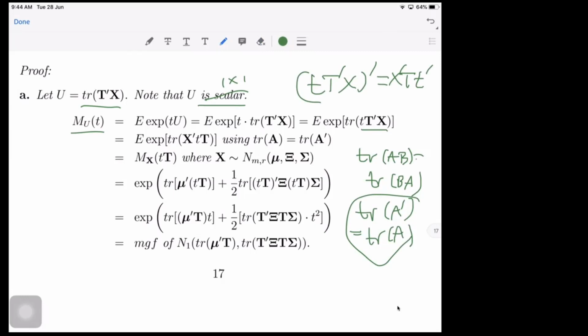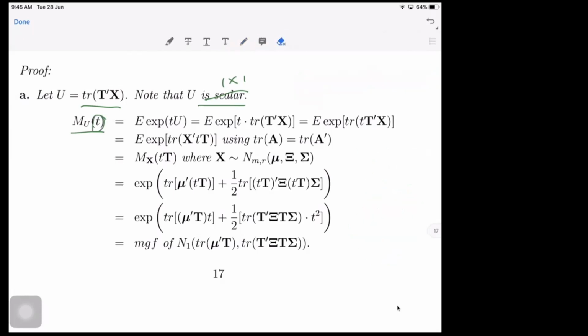Mo follow ni siya sa dimension sa unsa? So naa kay T prime X. Kuhaon nimo ang prime ani, T prime X prime.